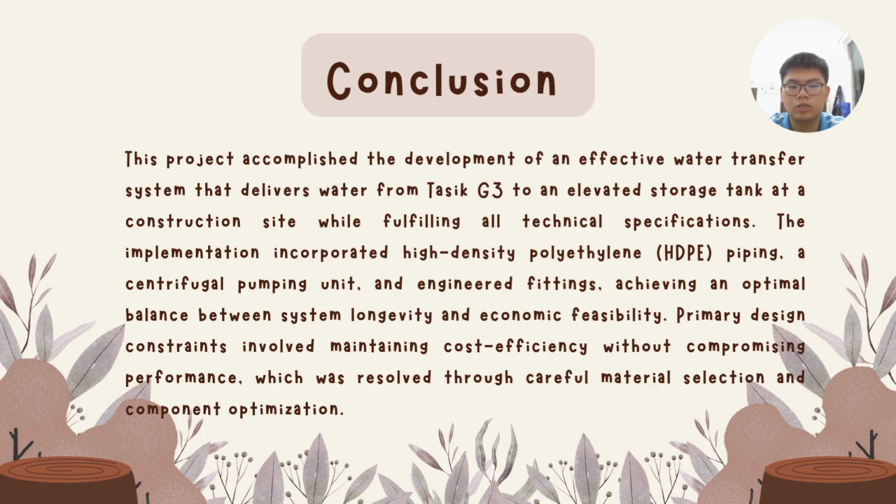The potential system upgrades may incorporate real-time monitoring technologies and predictive maintenance features to enhance future operational reliability and performance metrics. And that's why we do this project and make the calculation for the head loss, the minor loss, the pressure loss, and other things to make sure the energy efficiency is enough.